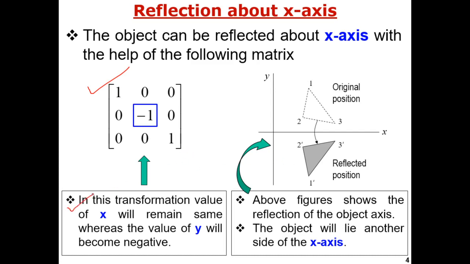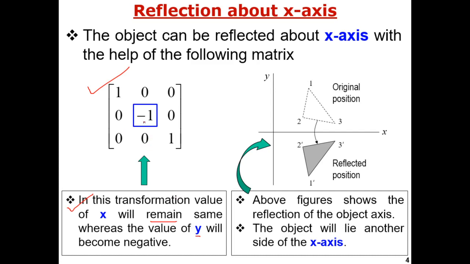In this transformation, the value of x will remain the same. The x value of all the vertices is never going to change, whereas the value of y is going to become negative. How do we convert the y value of each vertex to negative?